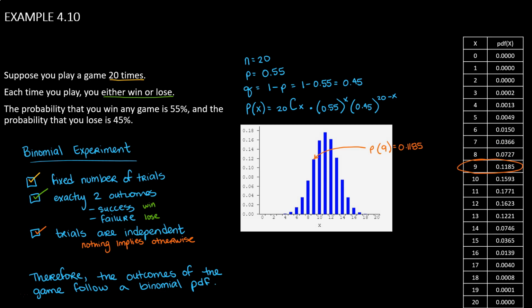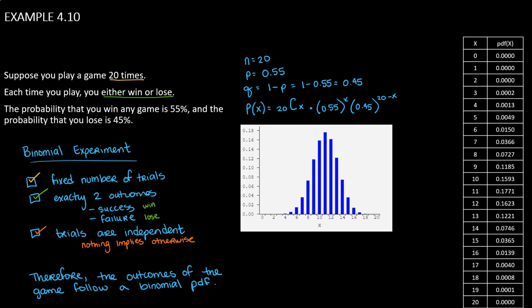The probability of winning 9 games, the probability of winning 10 games. In fact, we can do this for any number of games, 0 through 20. We could lose every single game, so win no games, or we could win some games, lose some games, or maybe we win all 20 games.